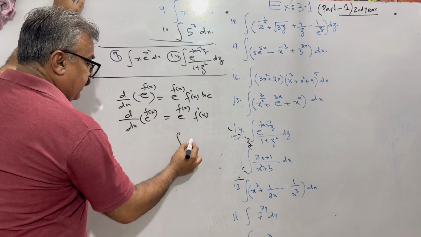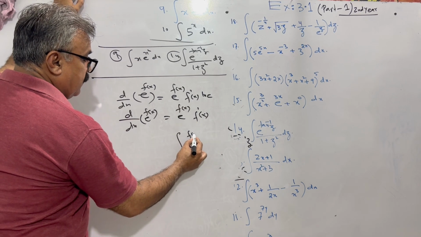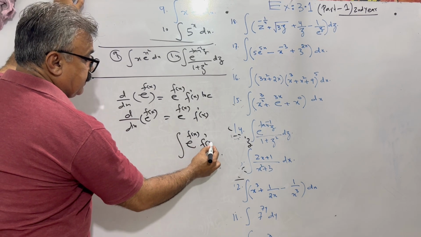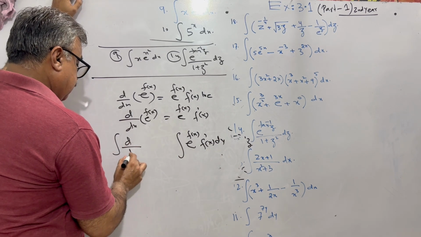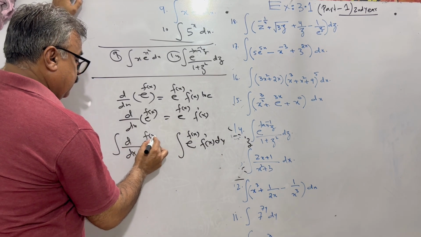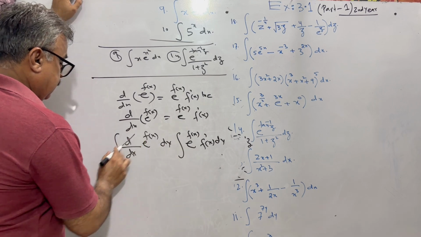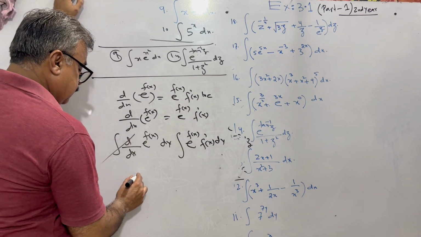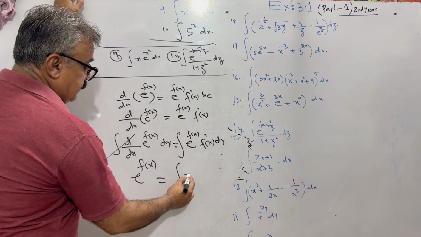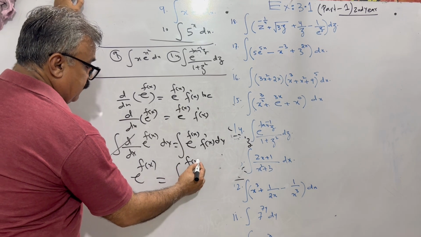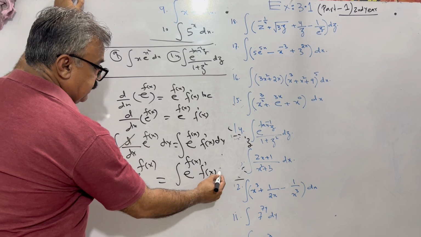So if we integrate e raised f of x times f dash of x dx, derivative and integration cancel out, so e power f of x is the integration of e raised f of x times f dash x dx.